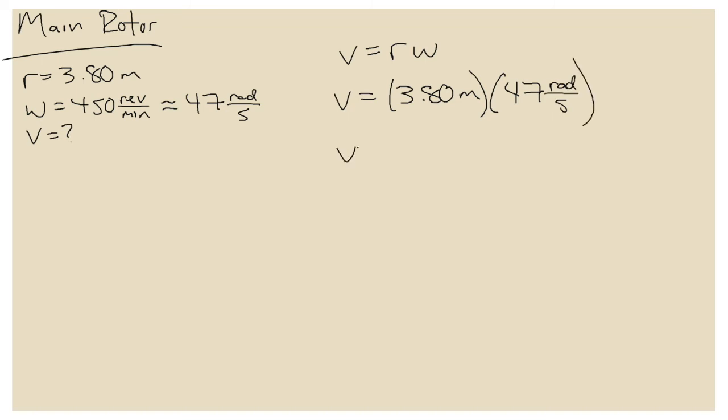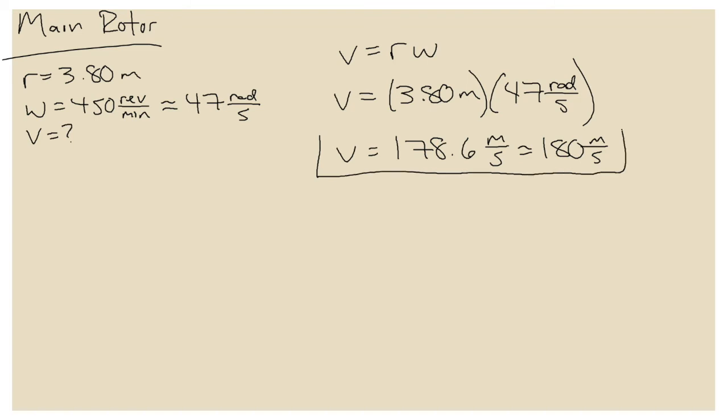And when you do that math, 3.8 times 47 is 178.6 meters per second, which is approximately equal to 180 meters per second. Remember, you treat the radian as a 1, so you basically just ignore it. We have meters times 1 over second, or meters per second.